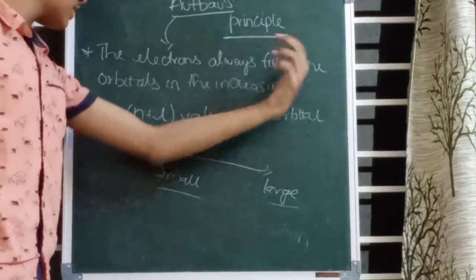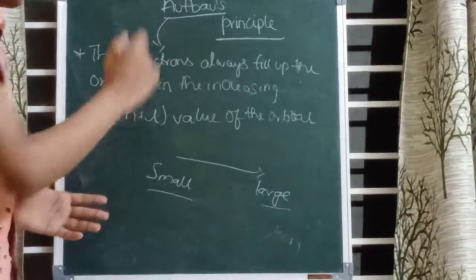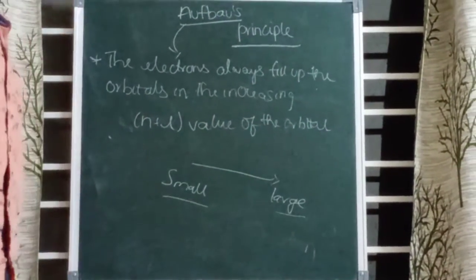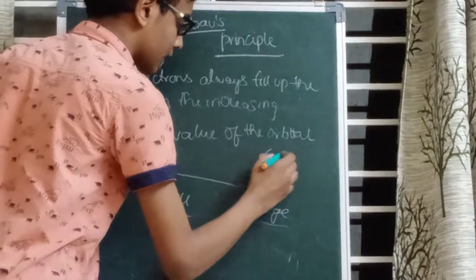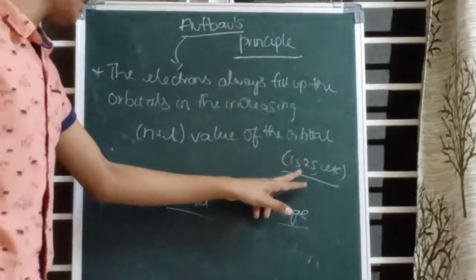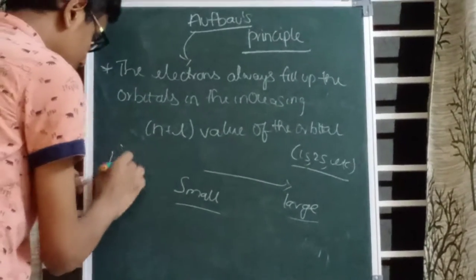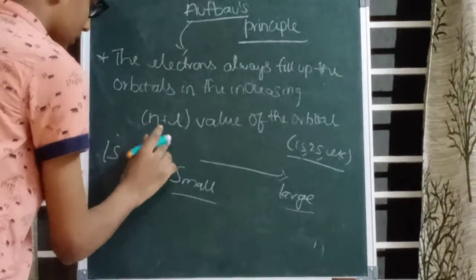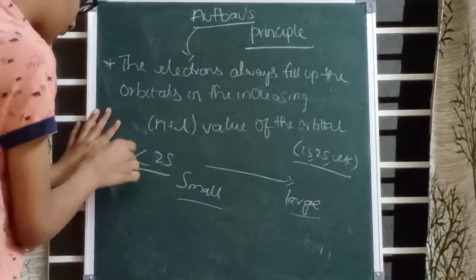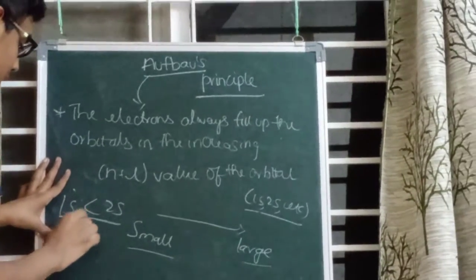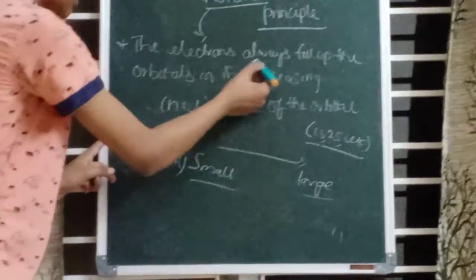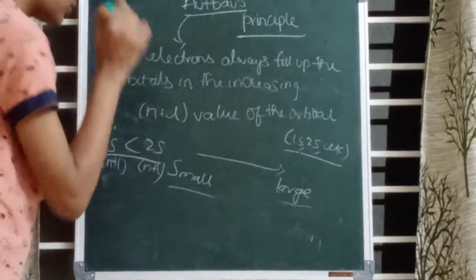The electrons always fill up the orbitals in the increasing order of the value of n plus l of the orbital. We have discussed orbitals 1s, 2s, etc. Let's take that the n plus l value of 1s is less than the n plus l value of 2s. It means the electrons will first fill 1s and then go to 2s.